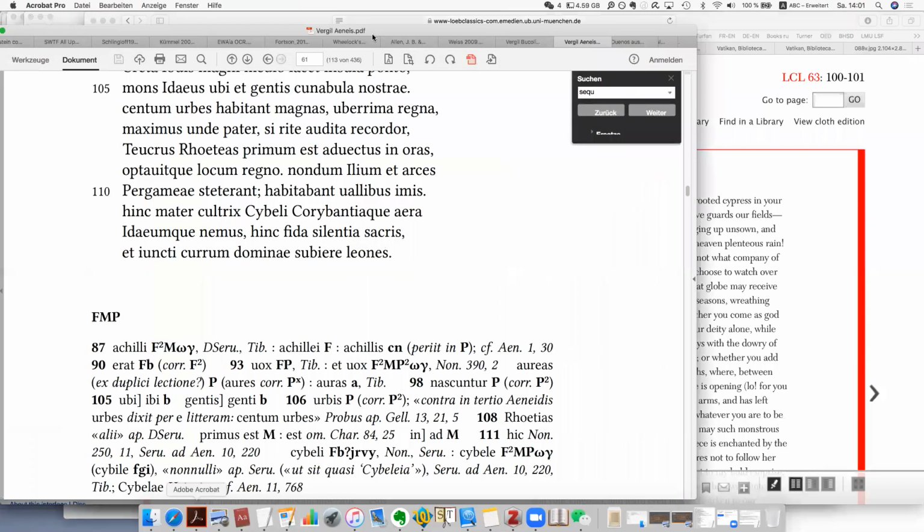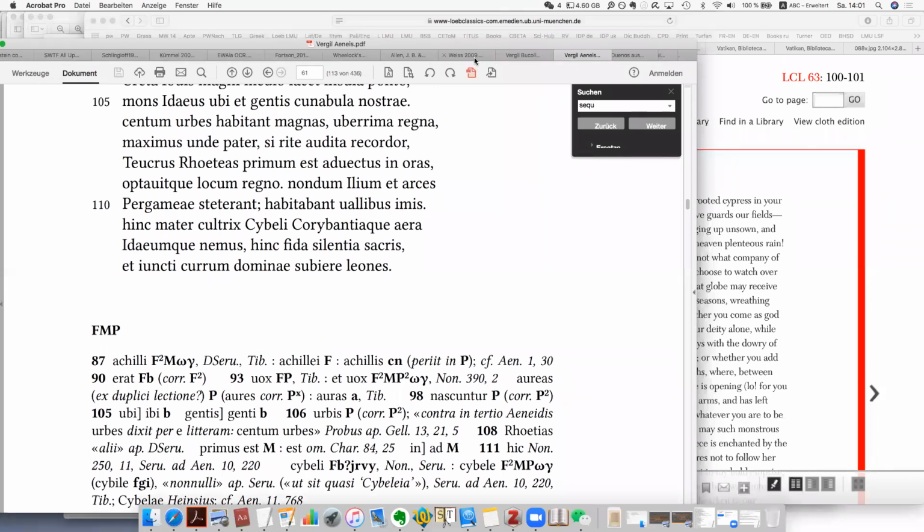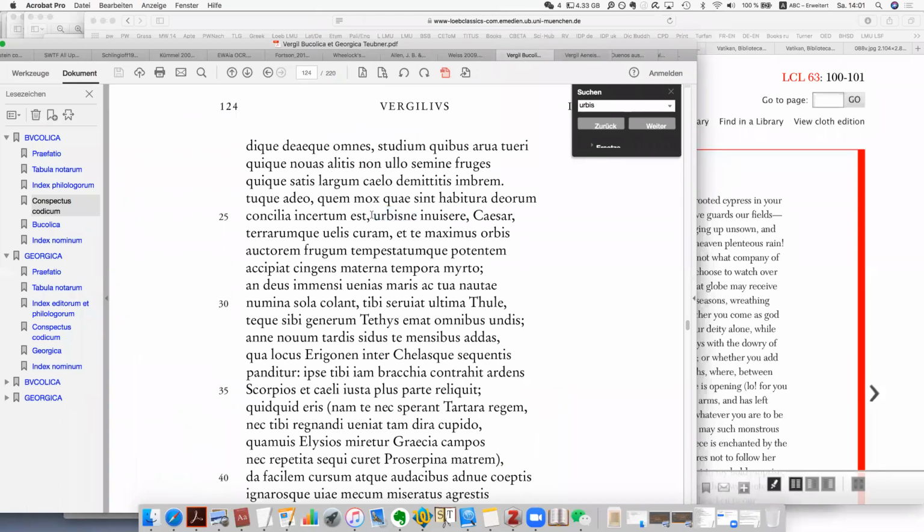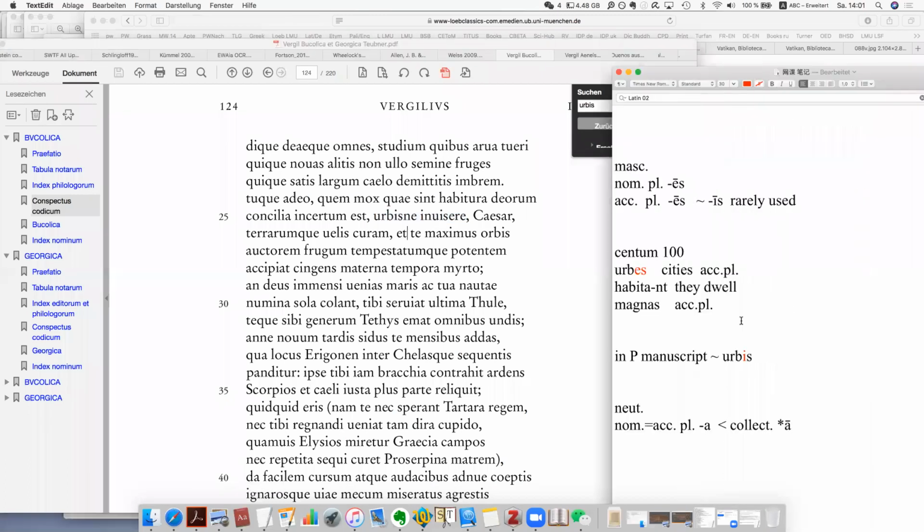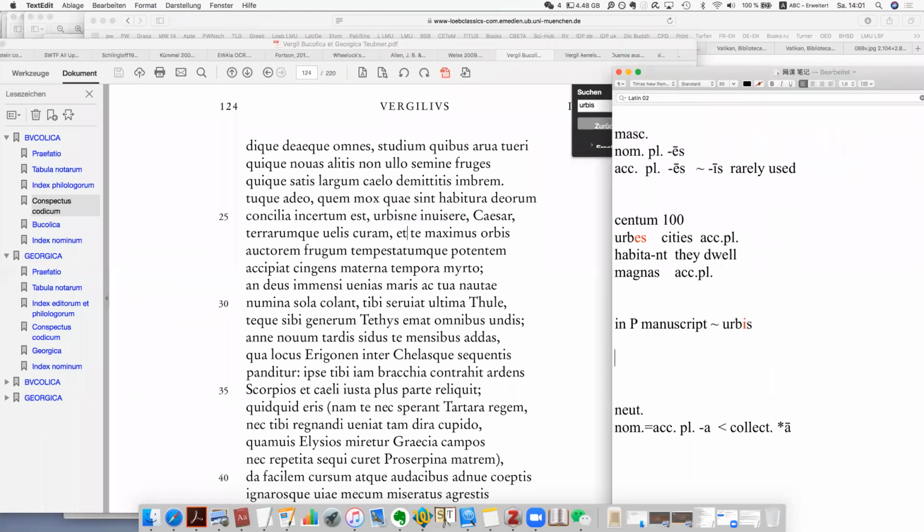And then let's check the critical edition of this work, which I also sent to our group chat. Check it. In the critical edition, it's written Urbis. So in the Georgics, it's written Urbis in the critical edition.